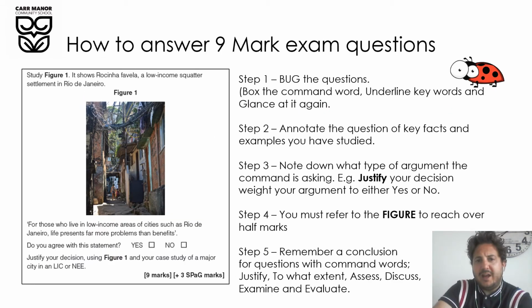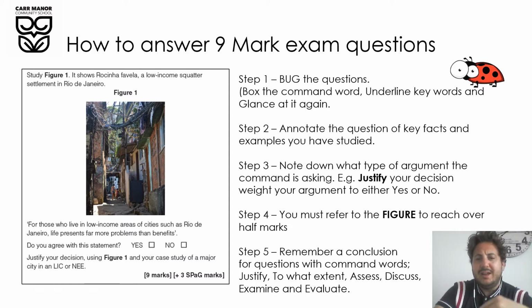So here's a bit of guidance on how to answer a 9-mark question. If you just read the question here. What you need to do first of all is step 1, bug the question: box the command word, which is justify, and underline keywords: NEE, LIC, problems, benefits, Rio de Janeiro.